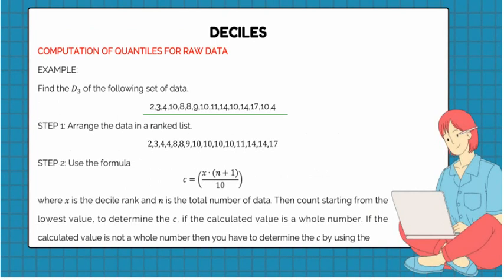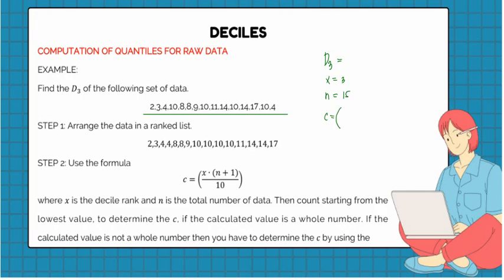we calculate for our D sub 3. So if we are going to do that, D sub 3, meaning our X here is going to be the decile rank, which is 3. Tapos yung N natin is the number of data, which, if you're going to count this one, that is 1, 2, 3, 4, 5, 6, 7, 8, 9, 10, 11, 12, 13, 14, 15. So you just have to substitute the values here.